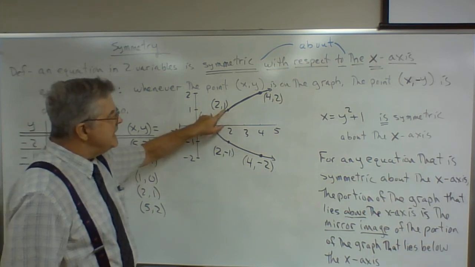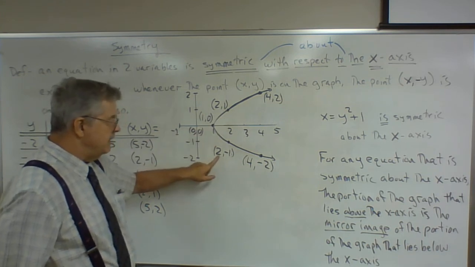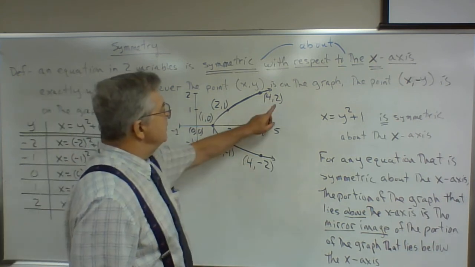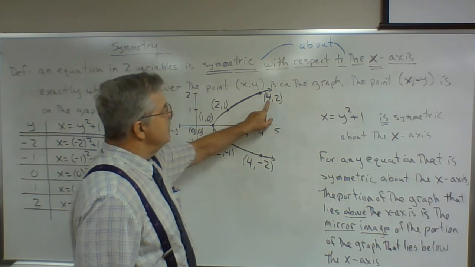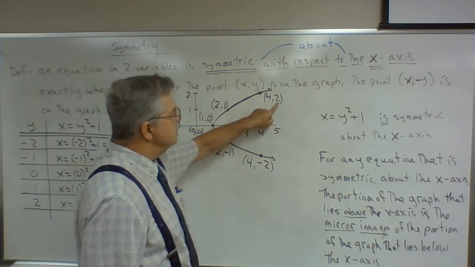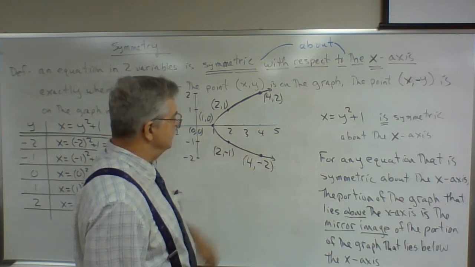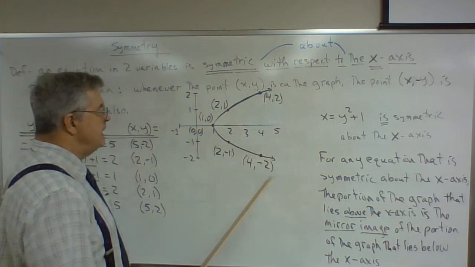When we plug in the negative of this value, negative 1, we still get x equals 2. When we plug in 2 for y, we get 5 for x. When we plug in the negative of 2 for y, we still get 5 for x. This graph is symmetric about the x-axis.